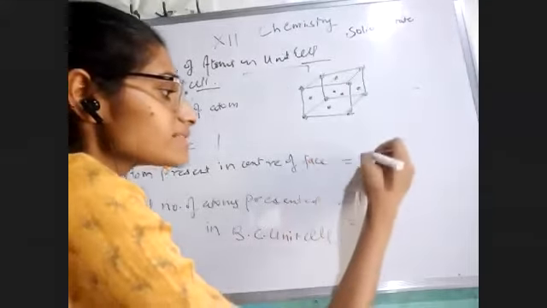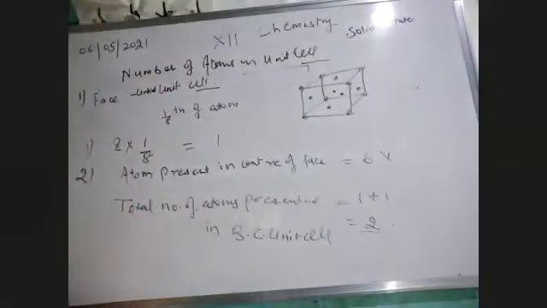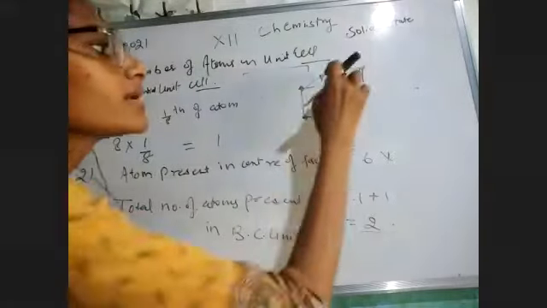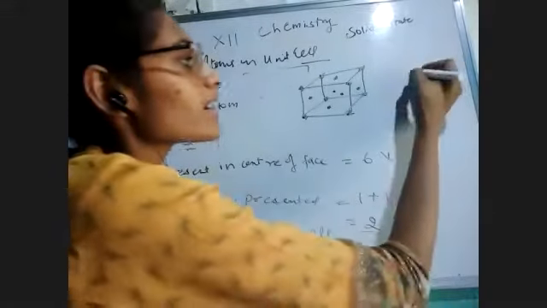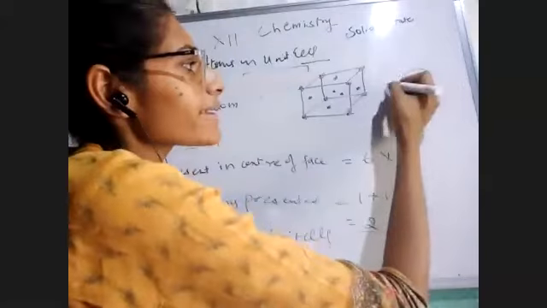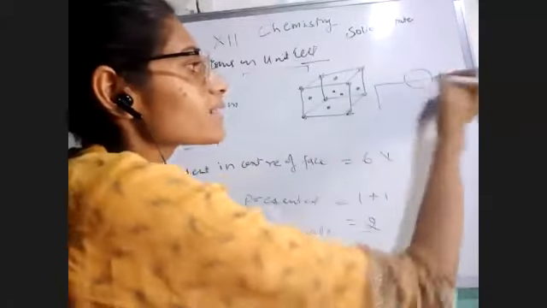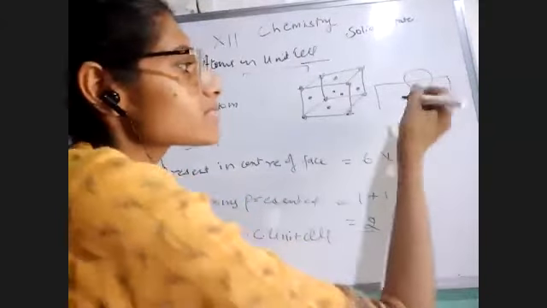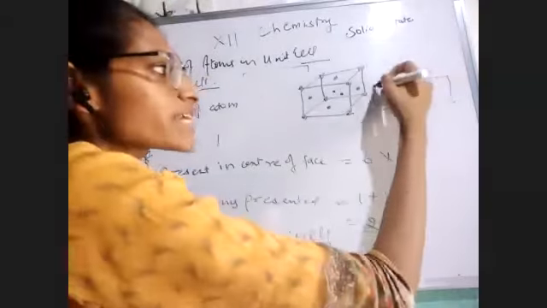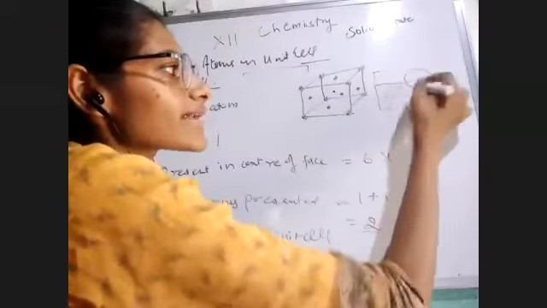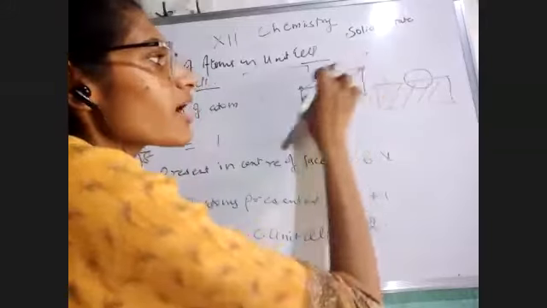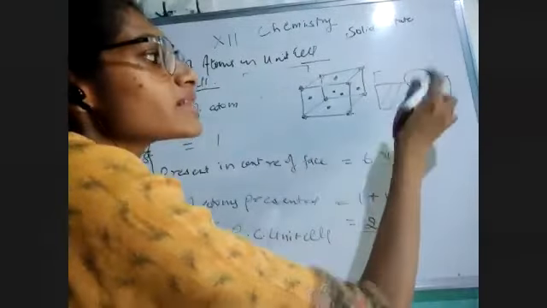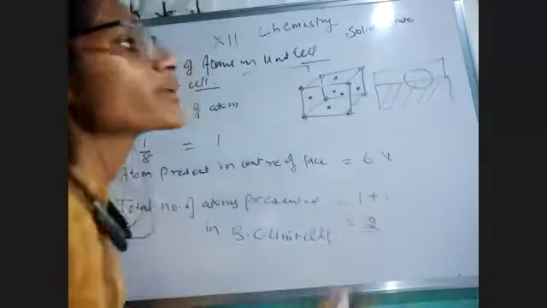We have a total of 6 faces, and now tell me one thing: since the atom behaves like a sphere and is present in the center of the face, it is shared by another unit cell. Suppose this is the upper front face, this is shared by another unit cell.